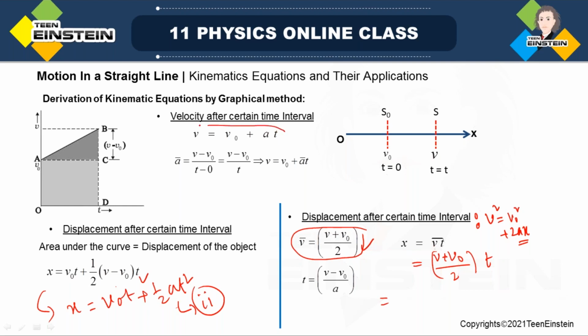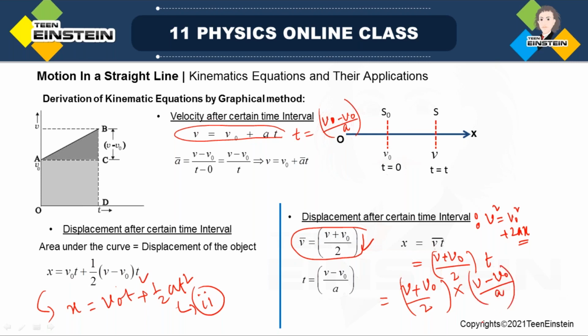Now I'll write again that expression for t from here. t is actually v minus v0 divided by a. Okay, this is the time over here. So if I multiply here, v plus v0 by 2 into the time is actually v minus v0 by a.